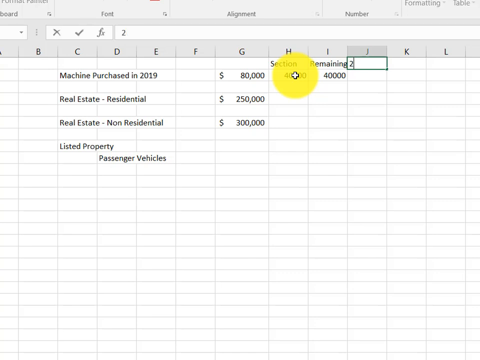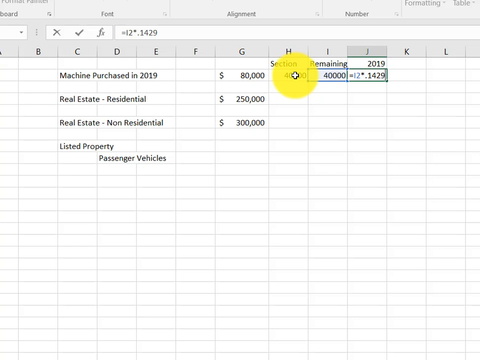And so for 2019 depreciation, we would go to the table, and as long as we don't have too much of our assets bought at the end of the year, we use the half-year convention table. And so in that table, we would take the 40,000 and multiply it by the 0.1429 from the table.